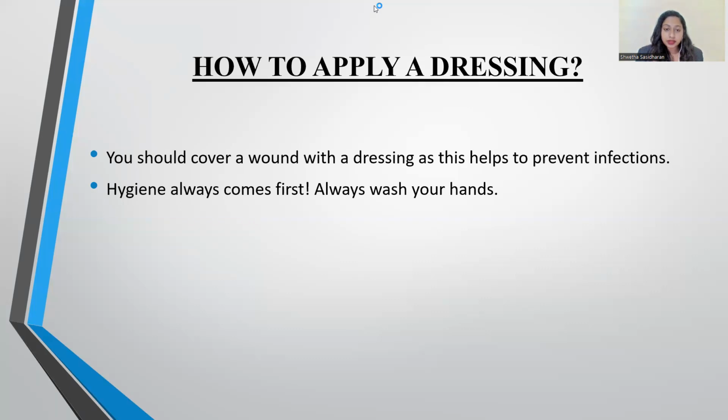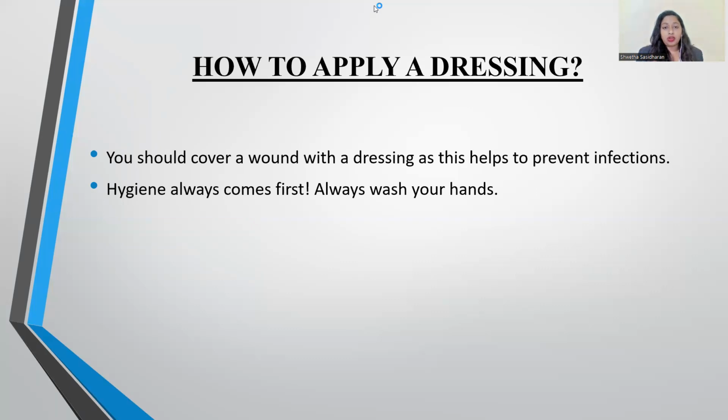As I told you in the previous slides as well, where we discussed fractures and bleeding, hygiene is the first and foremost thing, which is very, very important. If you keep your hands sterile before touching the patient, you are greatly reducing the level of germs there. So first and foremost, make sure your hands are clean and then you touch the patient.